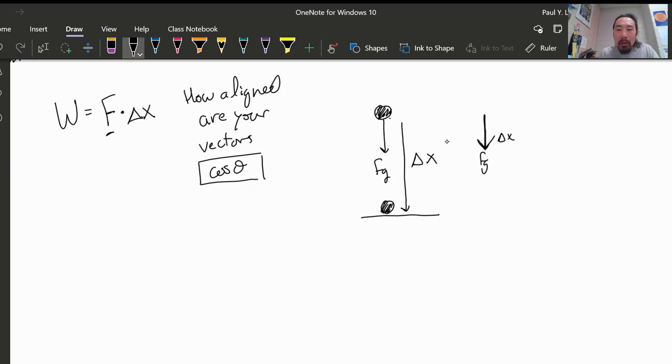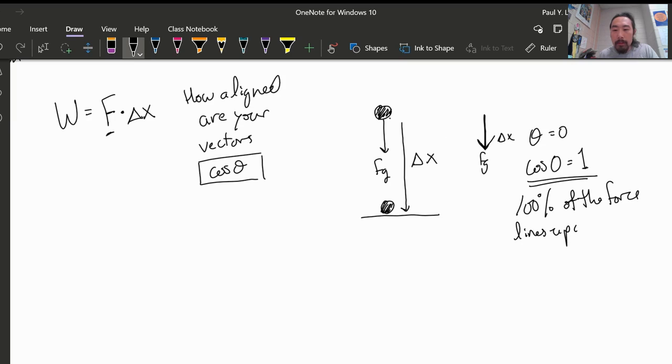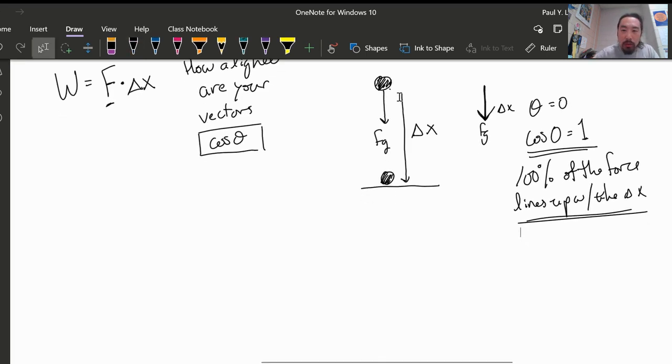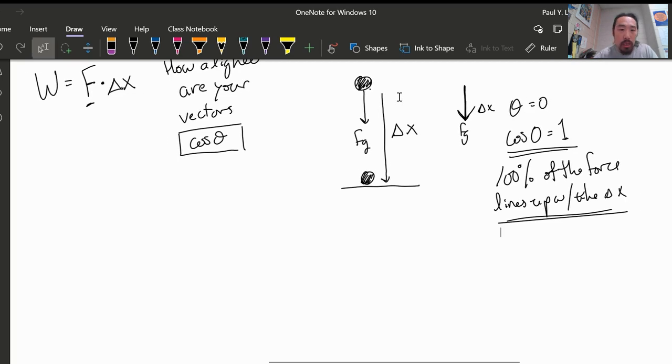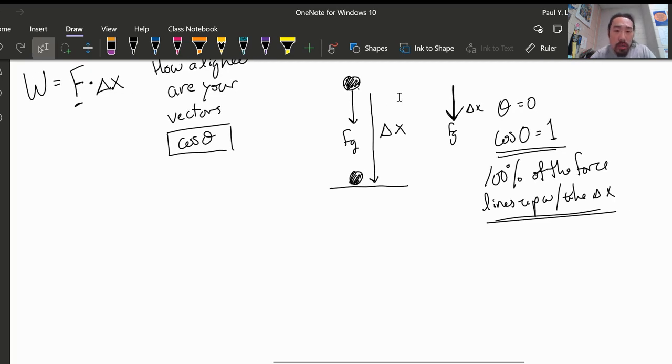Notice that the angle between my two vectors is 0, meaning if I do a cosine of 0, that gives us 1. What this tells us is that 100% of the force lines up with the displacement. Now, in terms of work energy, the dot product is something that we'll see in other parts of the course, and it is just a way of describing things in nature.